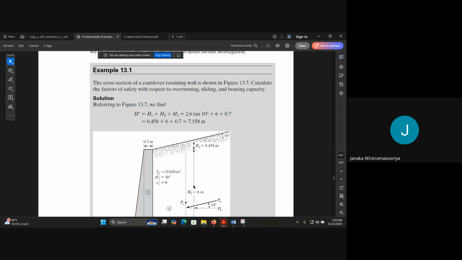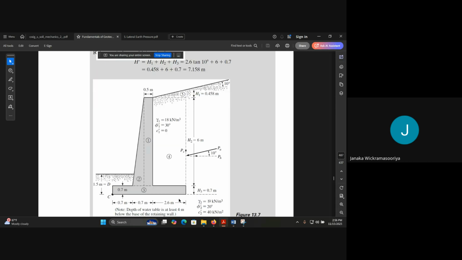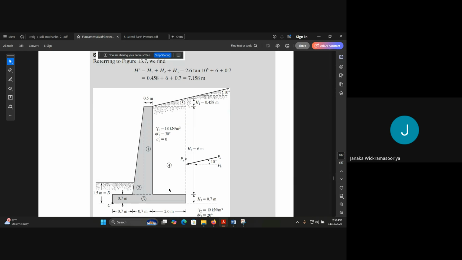Right, now first you can find this small height. From here to here it is given as 6 meters. So this would be 6 and this would be 2.6. Based on this 2.6, you can determine this one, 2.6 tan of this angle.